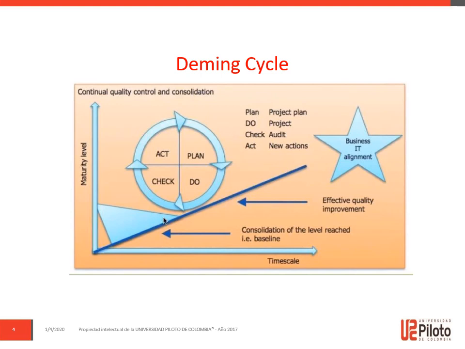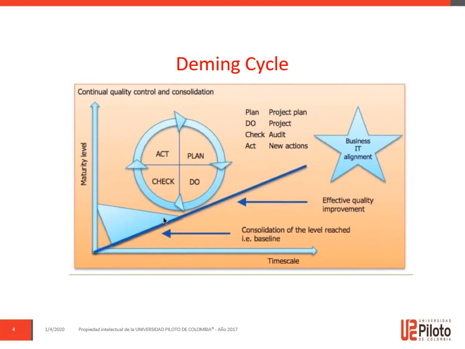The Deming cycle is a 4-part life cycle, and it's constituted by the following activities: plan, do, check, and act. So plan is the first step of the process and involves planning the improvements.